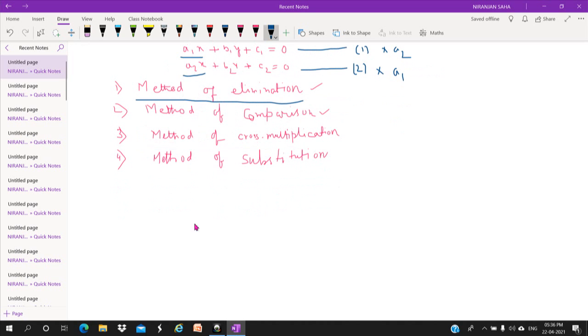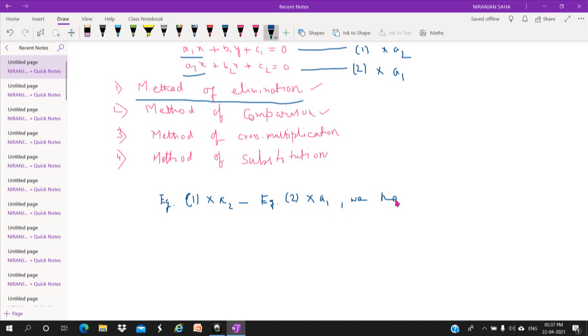What have we done? Equation 1 we have multiplied with a2, and equation 2 with a1. This is the method of elimination.